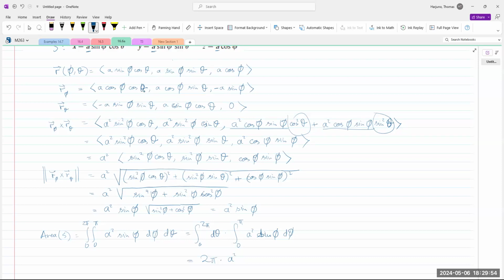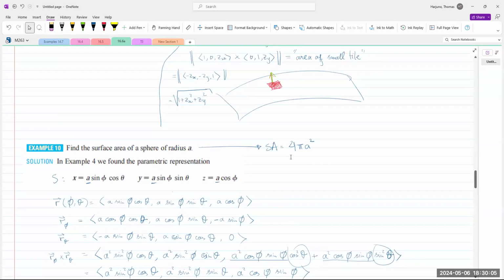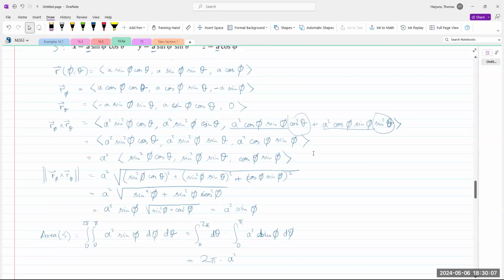Am I missing something? We're supposed to get 4 pi a squared. Am I missing something somewhere? What am I missing? Oh, I'm sorry. The integral from 0 to pi of sine is 2.